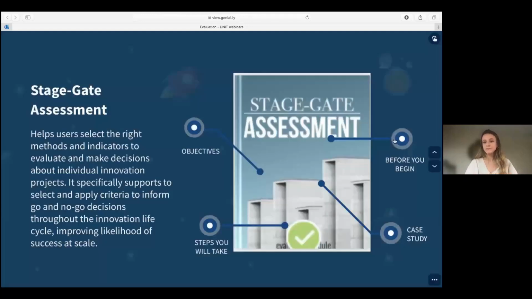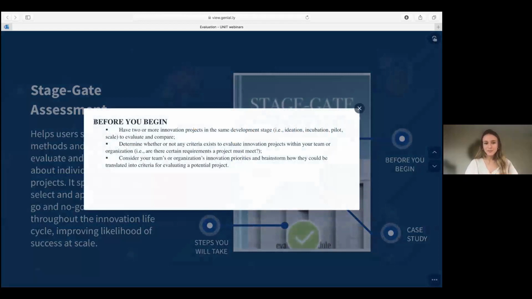Before you begin, the recommendation here is to have 2 or more innovation projects in the same development stage. This is just if you are intending to compare different projects. Another suggestion is to determine whether or not any criteria exist to evaluate innovation projects within your team, unit, organization. And finally, to consider your innovation priorities, what success looks like for your team, unit, or organization.